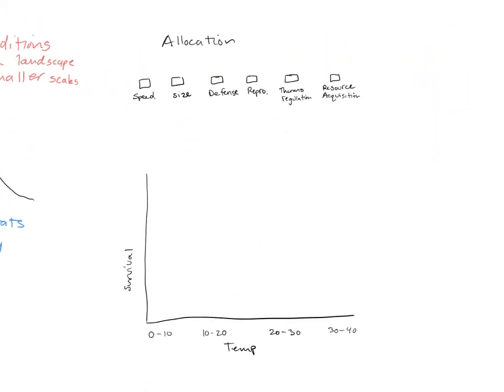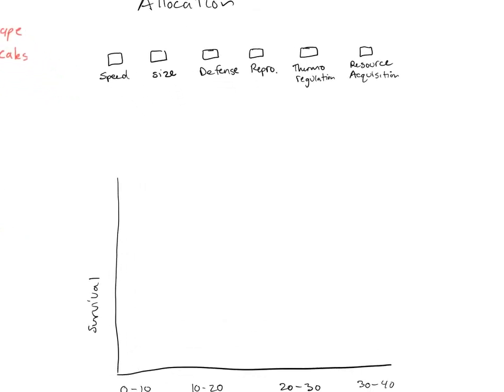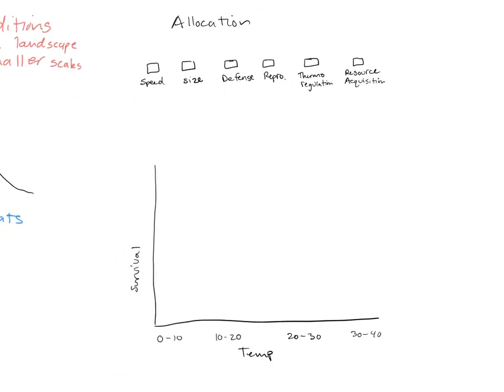We talked about allocation, and I had this analogy of creating a character: the more you allocate towards one part of an animal's anatomy and physiology, the less will be available for other parts.